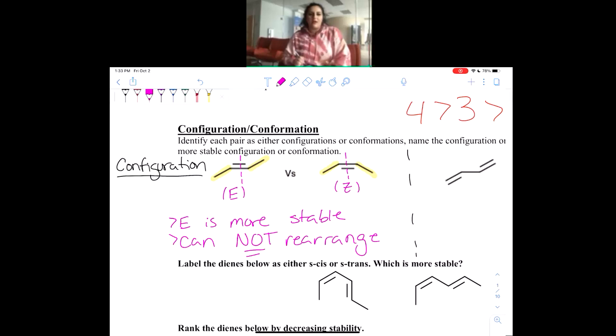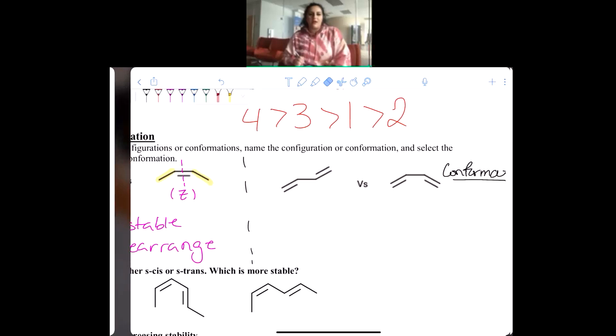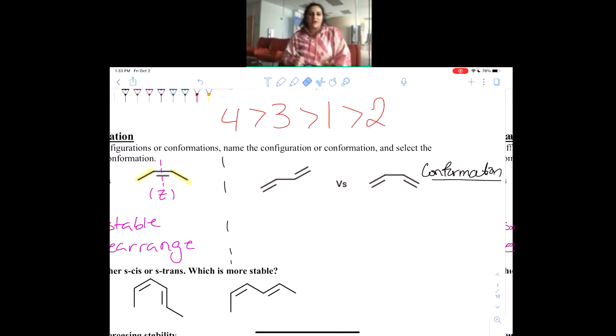Okay, so that's all you really need to know for configuration. Moving on to conformation. Now we have a double bond sandwich with a single bond in the middle. And this time we're going to focus on cutting the single bond in half. And now we're not picking priorities or anything because we are only looking at the double bonds.